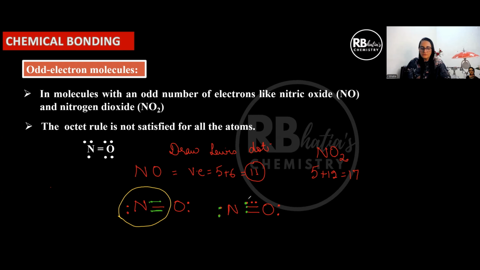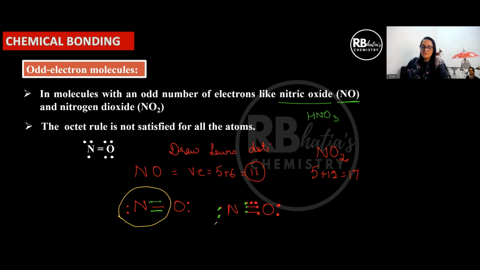The ideal Lewis-Strauss structure cannot be made in the case of nitric oxide. You should also know the name nitric oxide is NO, and don't confuse it with nitric acid, which is HNO3. Okay, so these are the 5 electrons of nitrogen, and these are the 6 of oxygen.